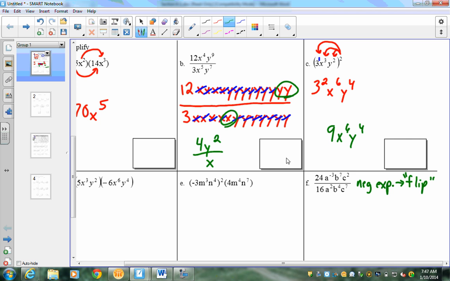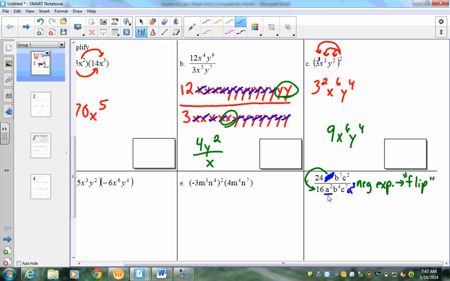Well, pretty simply, do you see how this a to the negative 3 is the numerator of the fraction? So when we flip it, we're going to put it down to our denominator. Let me do that right now. I'm going to cancel this out, and bring this down, a to the third power. But one thing I want you to notice is that we already had a squared.